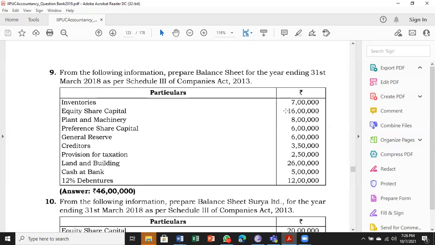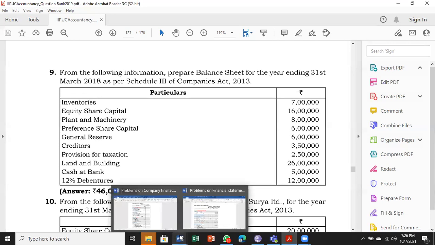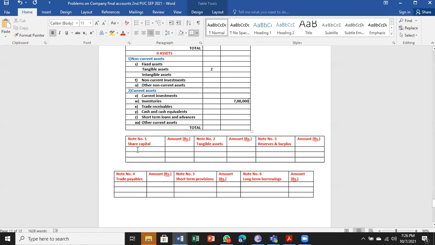Next, equity share capital. And also we have preference share capital. You can see in the previous problem we have done it. Two capitals are therein. So we have to go for preparing a note for this. So note number 1, share capital. Under that, equity share capital, 16 lakhs.